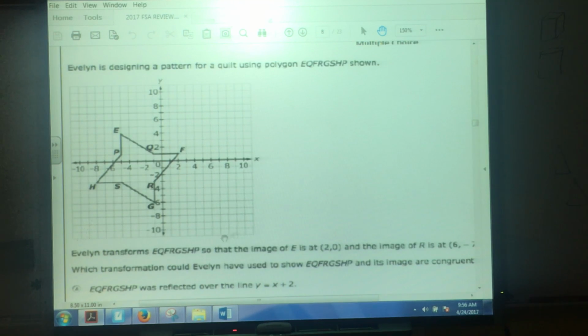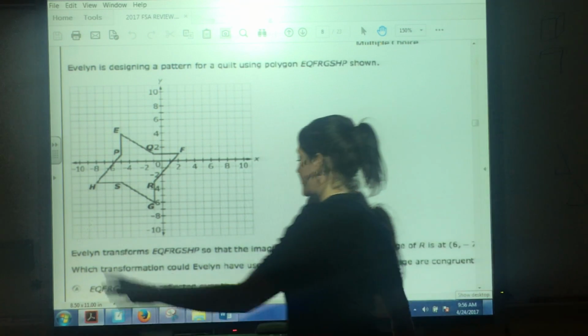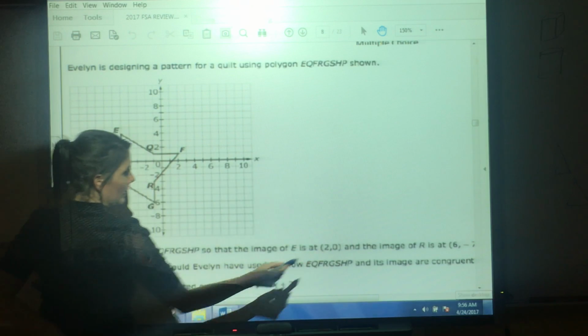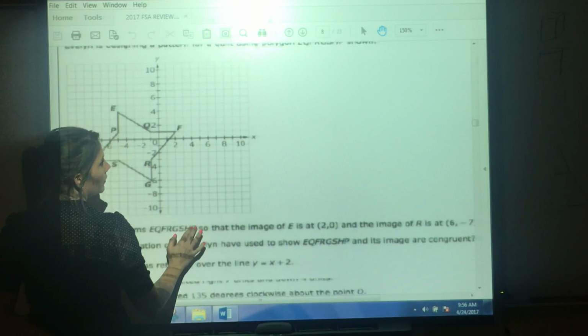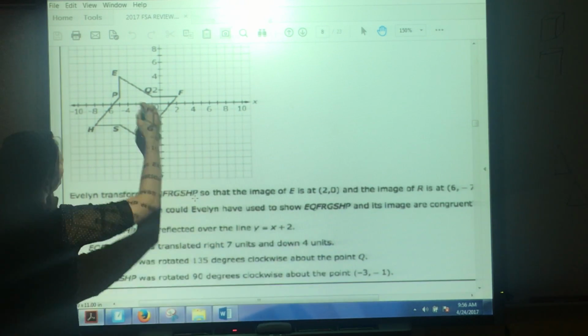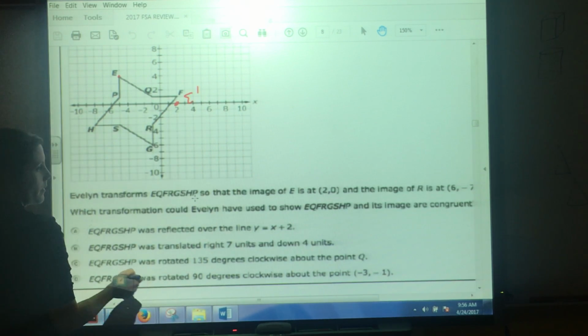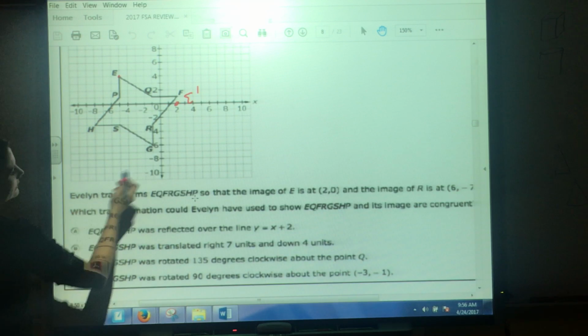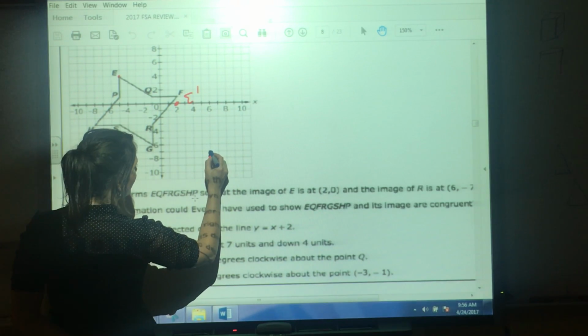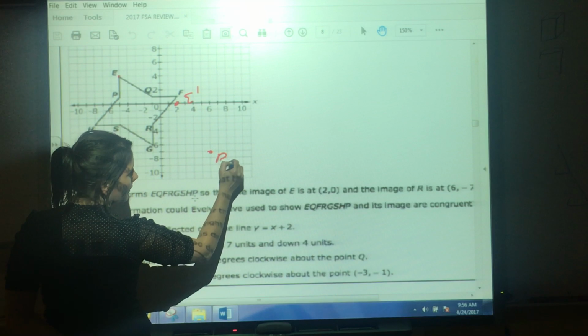All right, this one here, don't get too hung up on it. It's telling you that after we transform this, the image of E goes to 2O. So there's E prime. And then it says R is at 6, negative 7. So here, R prime.